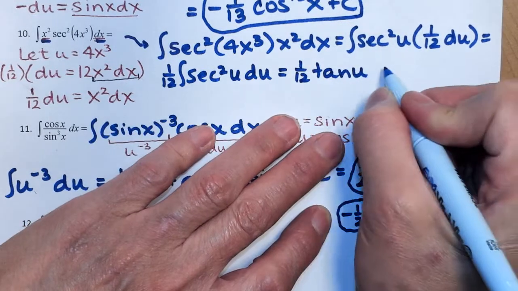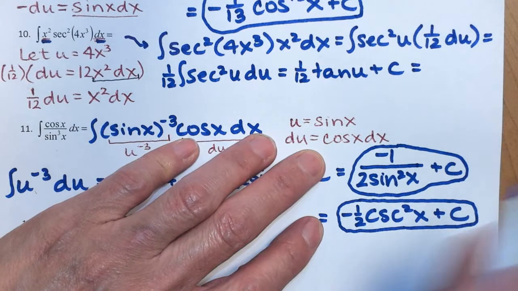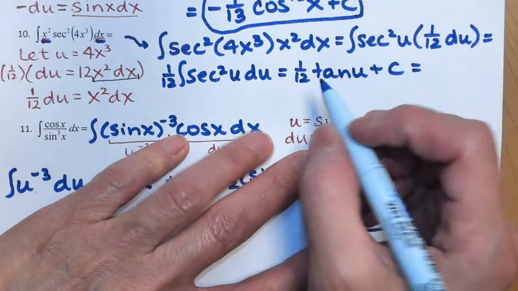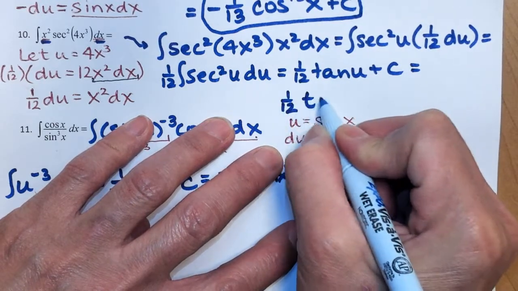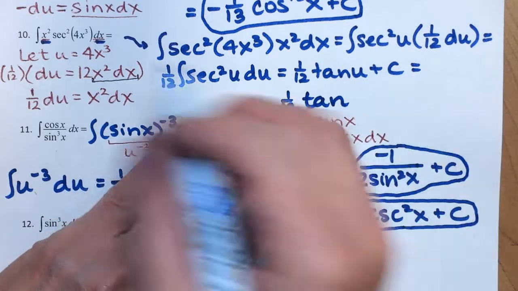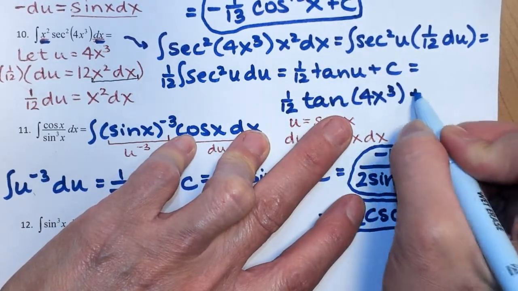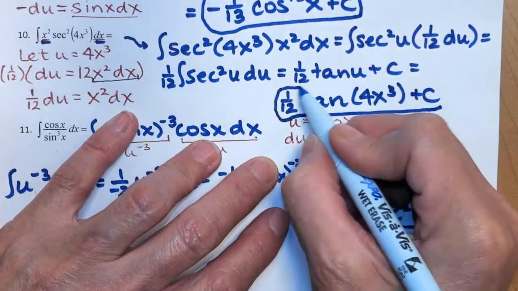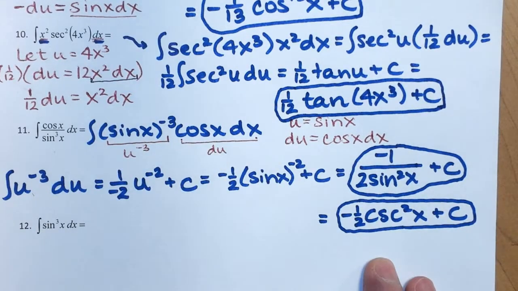Last step, put the original variable of integration back into the problem. So I get 1/12 tangent of 4x cubed plus c. Whew. Okay, last problem, number 12.